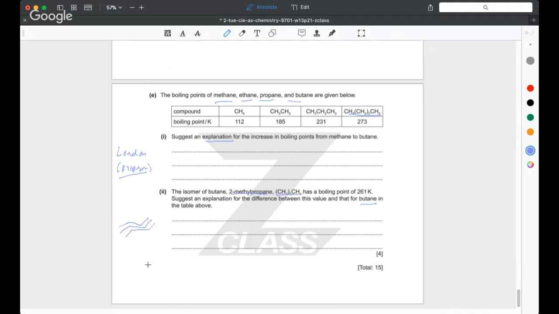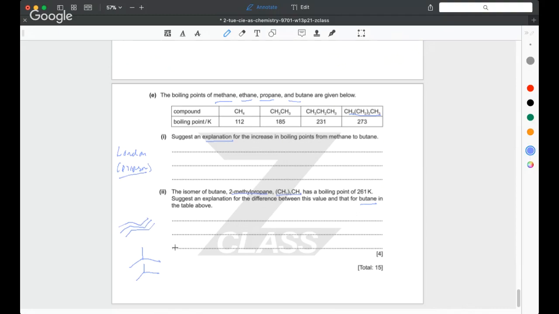But this isomer here is methylpropane, so its skeletal formula is like that. And so these molecules can't stack close together. There are fewer points of contact between these molecules of 2-methylpropane and these molecules of butane here.